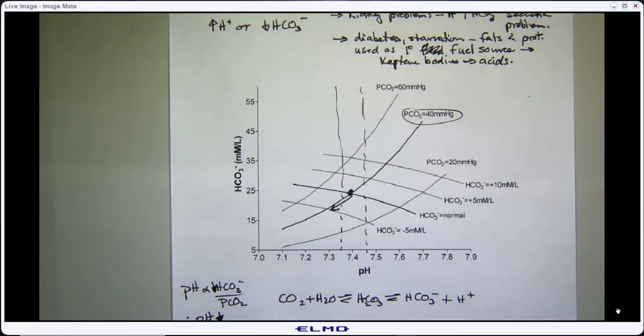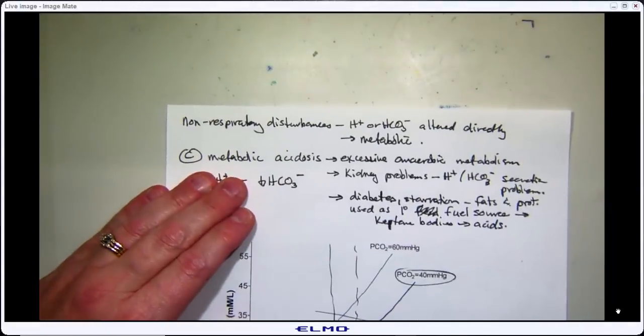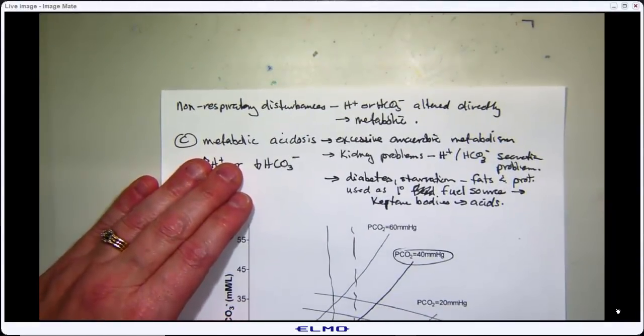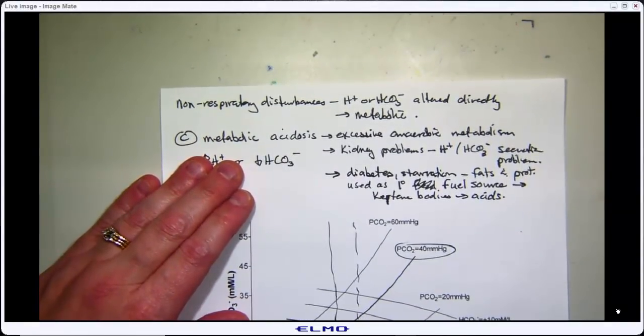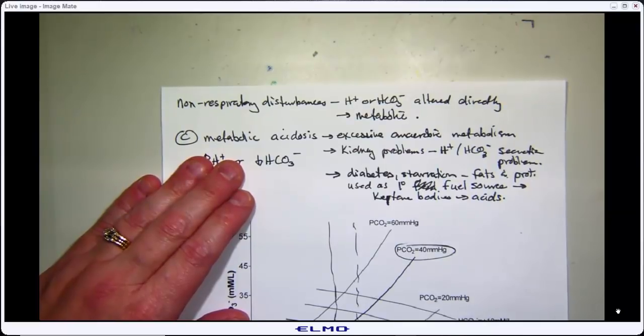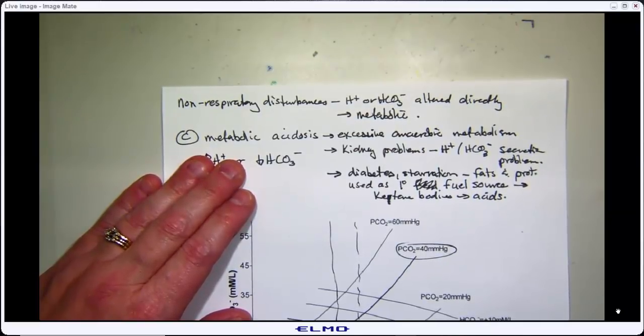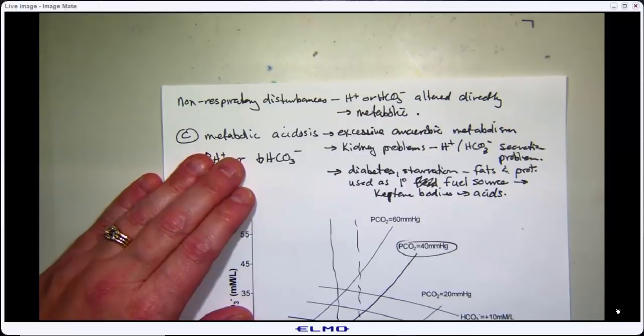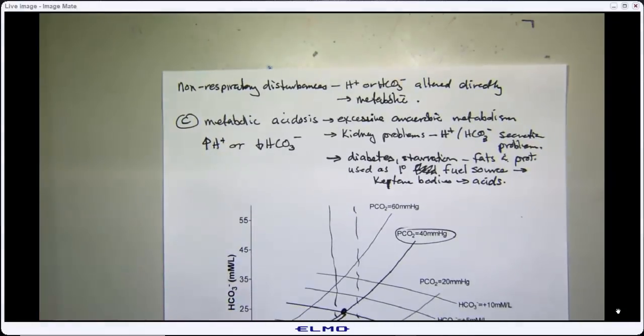So convert any problem that we're having. If on a test it shows up that suddenly you have a decrease in bicarb, that is not the problem. Convert that to a hydrogen ion problem. If I have less buffer, I will have more hydrogen ion. The problem presents itself. The problem tells you what it is. The problem is an increase in hydrogen ion.